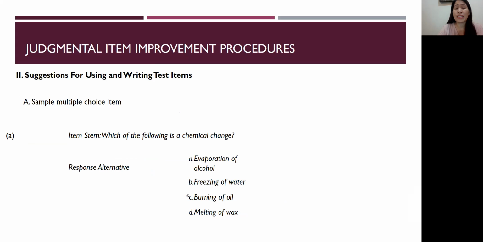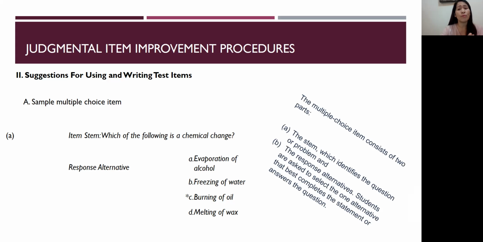Suggestions for using and writing test items. Sample multiple choice item. The multiple choice item consists of two parts: A, the stem, which identifies the question or problem, and B, the response alternatives.